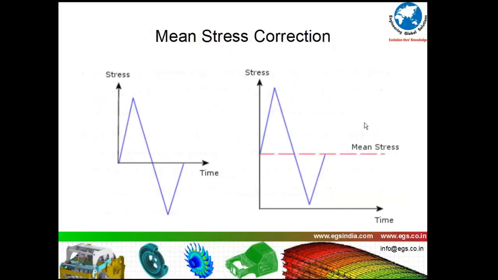These are important bases. In addition to that, you give your mean stress correction if your object is going to be loaded in tensile with a tensile mean stress, or a fully reversed condition, or a compressive mean stress. For example, if you are tightening the load on the fasteners, it is a compressive mean stress, in which case you could develop fissure cracks which would not propagate, leading to an increased life.